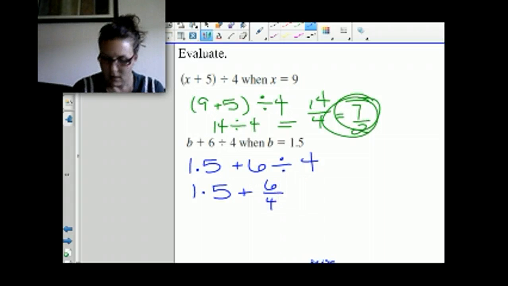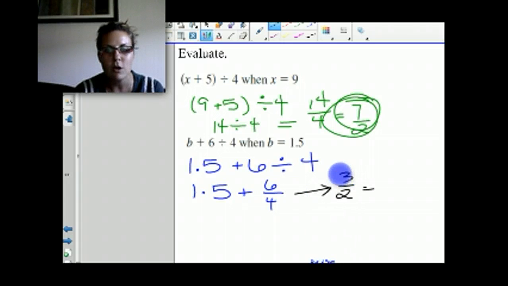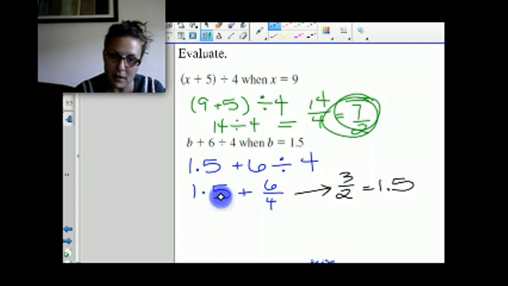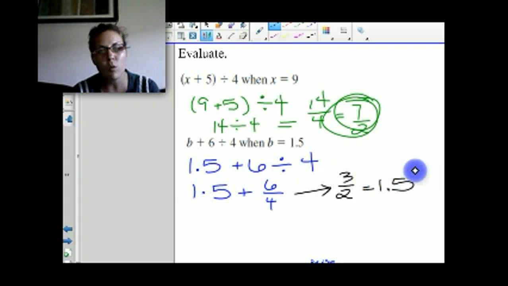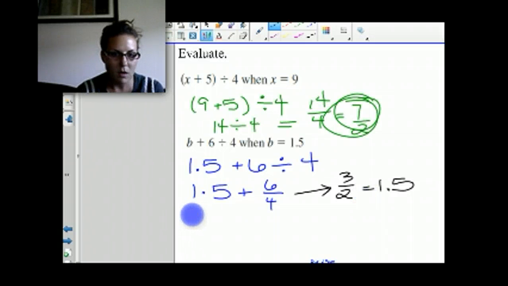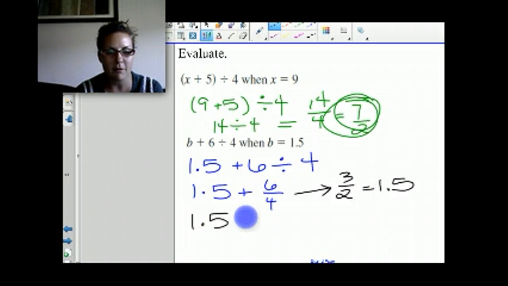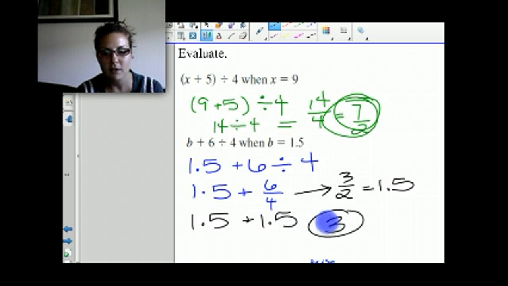As a side note, 6 over 4 reduces to 3 over 2, which is the same as 1.5. Since the other term in this expression is a decimal, we'll want to keep it as a decimal. So this becomes 1.5 plus 1.5, and our final answer is 3.